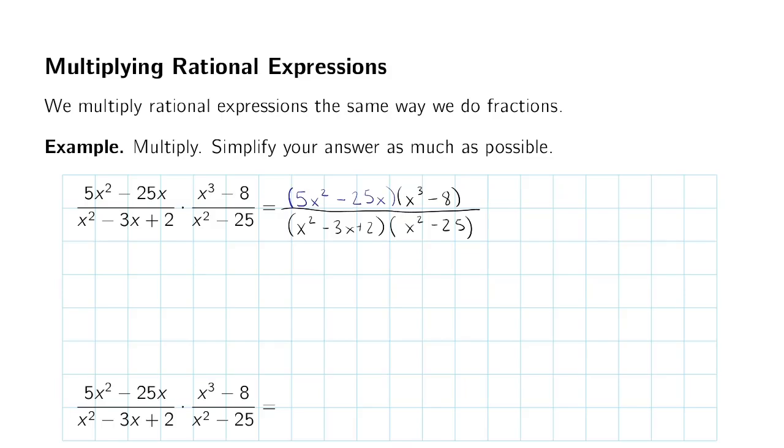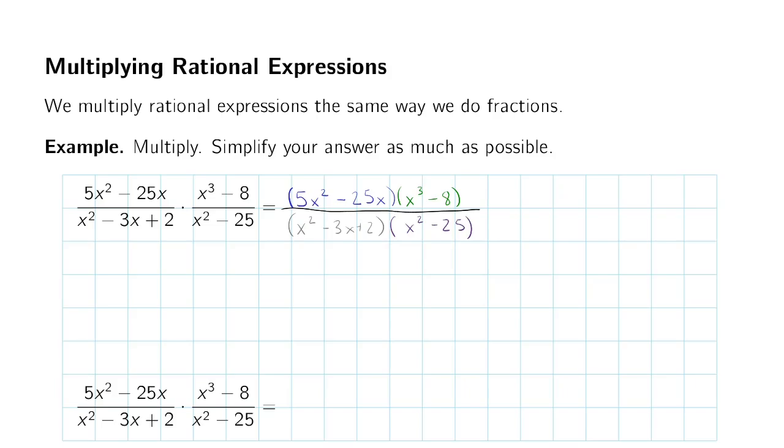We have the 5x squared minus 25x, the x cubed minus 8, the x squared minus 3x plus 2, and finally, the x squared minus 25. I want to factor each one of those.